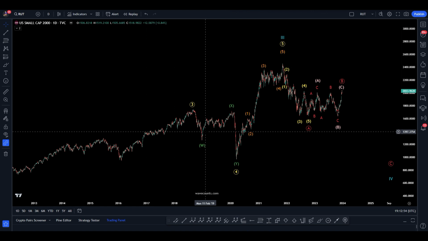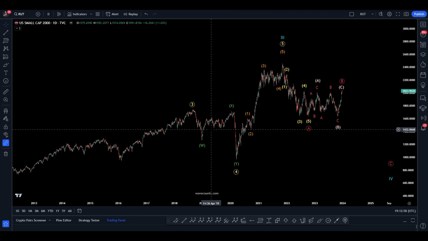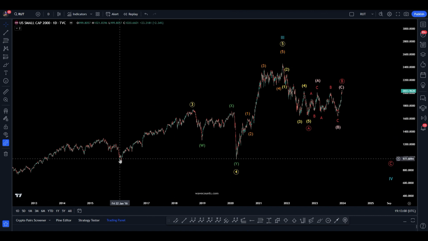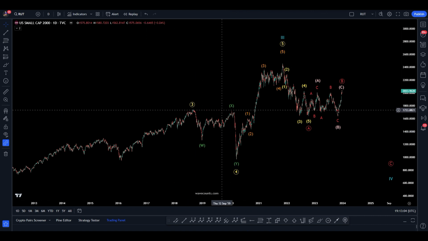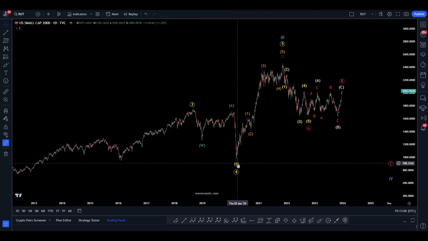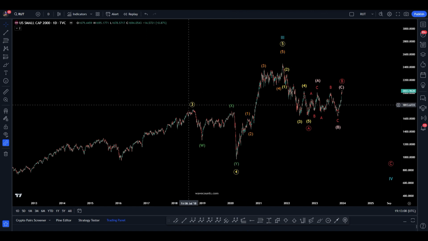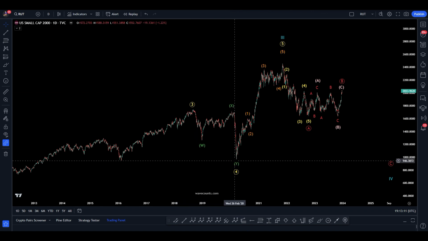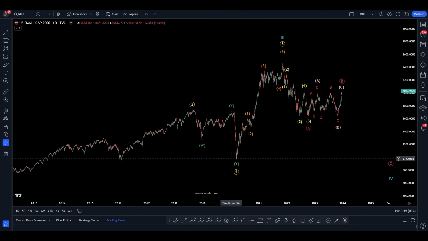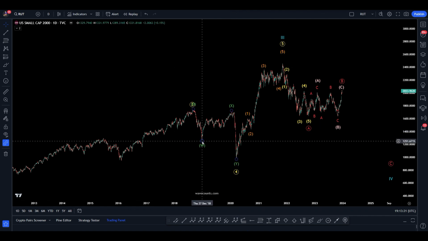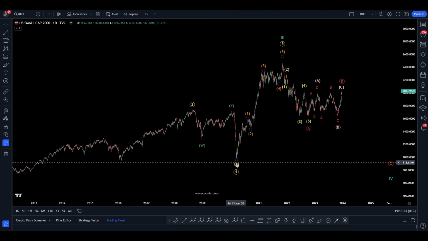The Nasdaq and the Russell both had to finish their third waves before then lining up with the rest of the market. So the Russell gave us a double zigzag fourth wave, whereas the Nasdaq gave us a running flat fourth wave, whereas the Dow and the S&P gave us an expanding triangle fourth wave. But in the end, they all lined up and completed their fourth waves at the same time, which is the same thing you should be expecting to see on this larger degree fourth wave.